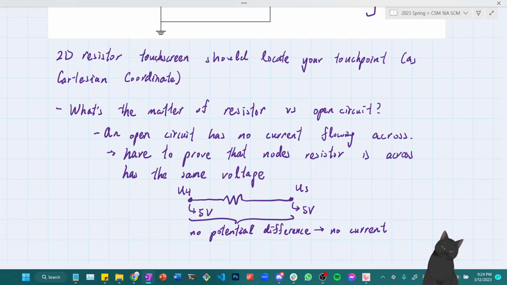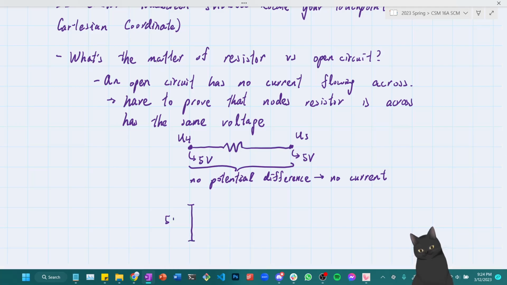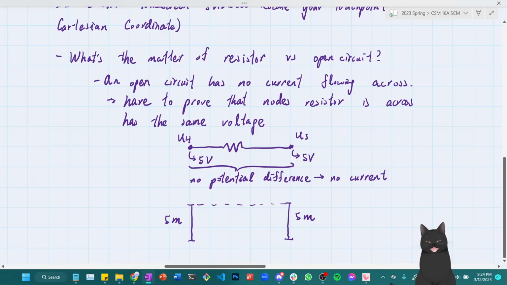So this is 16A, not a physics class, and I will stop at the surface level explanation. But if you want to think about this from a physics perspective, what you can think of is, I have water at 5 meters high and another place with water at 5 meters high. And imagine that electrons here are actually water trying to flow across 2 locations. Well, I have water at the exact same height, which means water wouldn't naturally just flow from one place of the same height to another place of the same height, because there's no gravity pulling the water down.